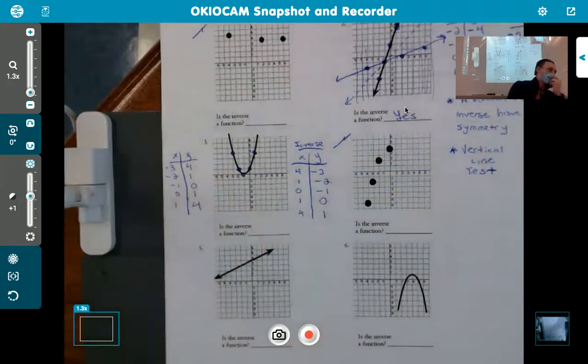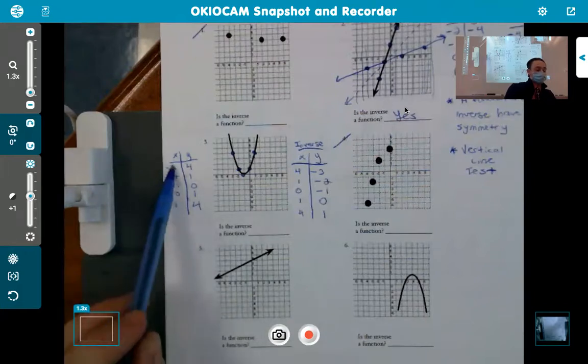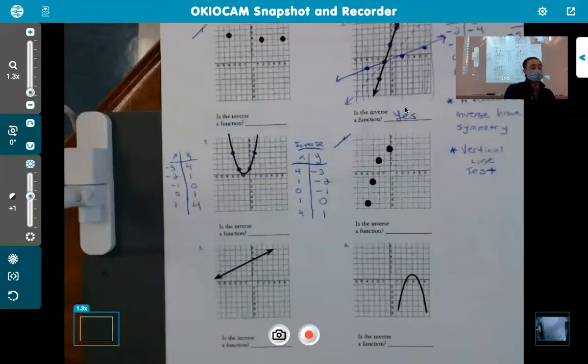I messed up when I was saying it out loud. I said 1, 3 instead of 1, 4. My apologies. But good. So the inverse, just like we did with the equations, take the x's and y's and flip them. Okay. Any questions up until this point?